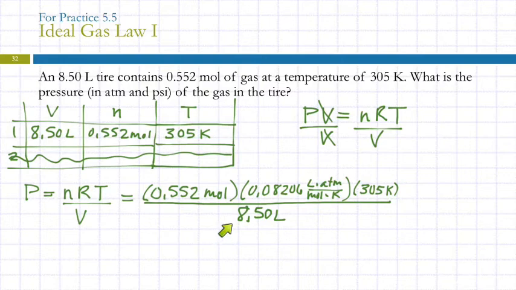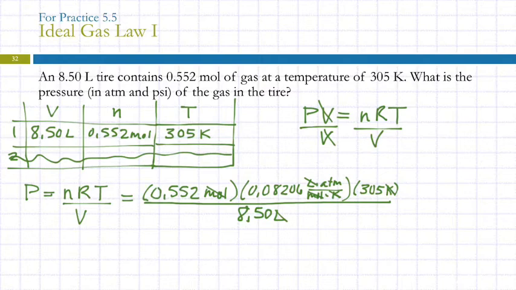Always check the units before you do any calculating. So let's see what we can cancel out here. Moles cancel moles, liters cancel liters, and Kelvin cancels Kelvin. I'm left with a unit of atmospheres, which is a unit of pressure, so that's a good sign.